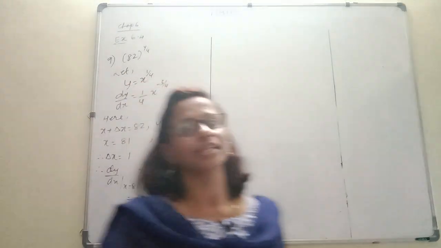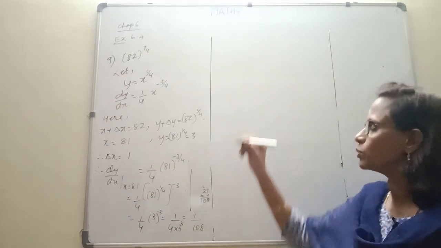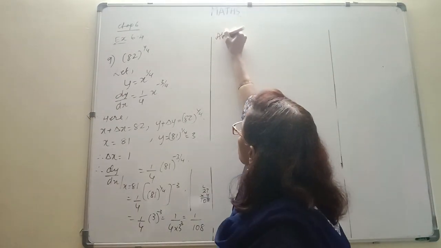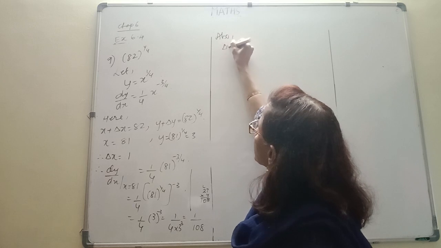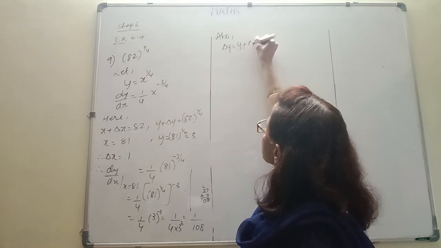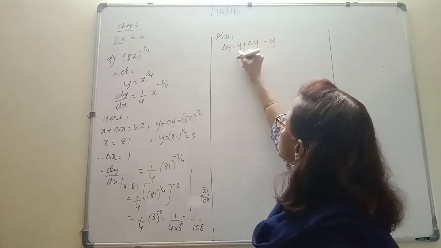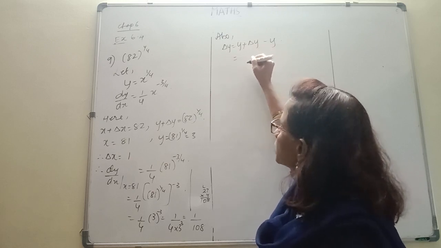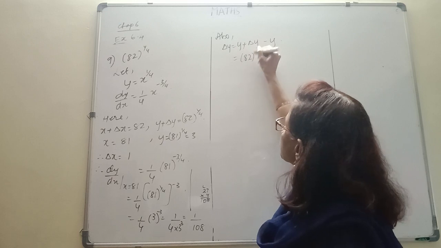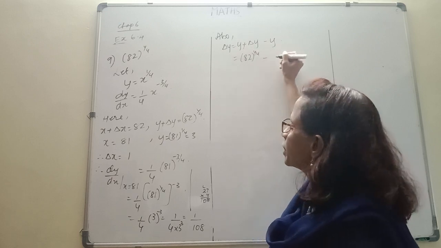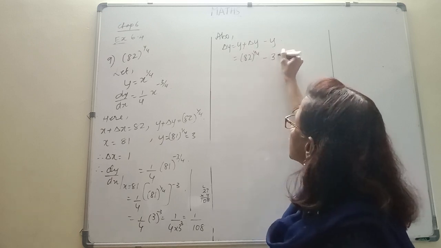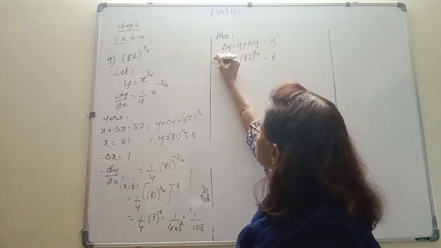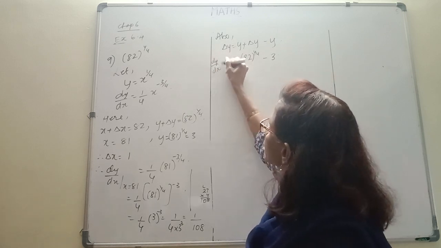Having got this, we know that delta y is y plus delta y minus y, where y plus delta y is 82 raised to 1 by 4, and y for us is 3. This is, in approximation, dy by dx into delta x.